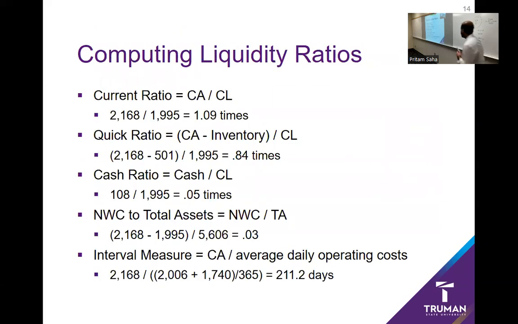Look at these two values, then convert them into daily values, divided by 365, because there are 365 days a year, right? Converting them to daily. So if you look at this ratio, what is the interpretation?